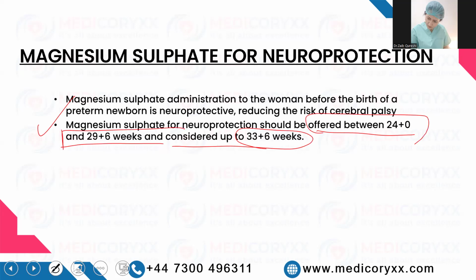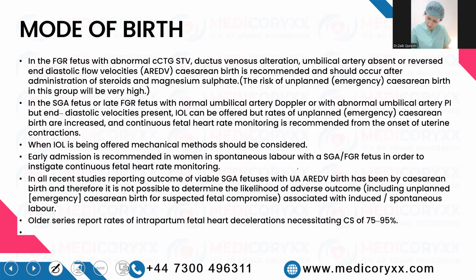And when you are going to give them, if there is anticipated birth within 24 hours, or if a patient is admitted with advanced labor, more than 4 centimeter. What it will do, it is going to be neuroprotective. It will reduce the risk of cerebral palsy. Exam question straight away. Offered between 24 to 29 plus 6 means we have to give it by any means, but we may consider it up to 33 plus 6 weeks.